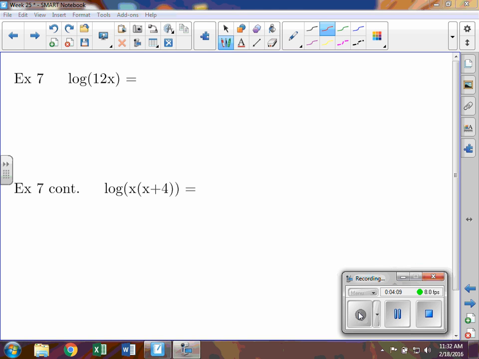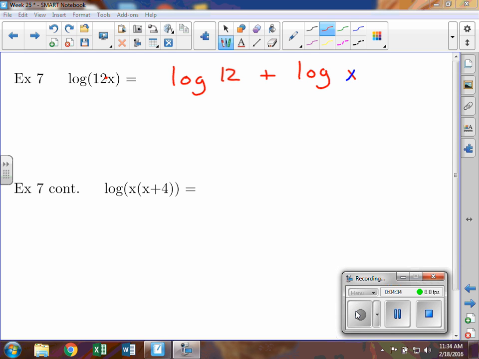All right, expand these pieces. Please notice that 12x is saying 12 times x. And since that is multiplication, we know that it will split up into addition. And we're done.